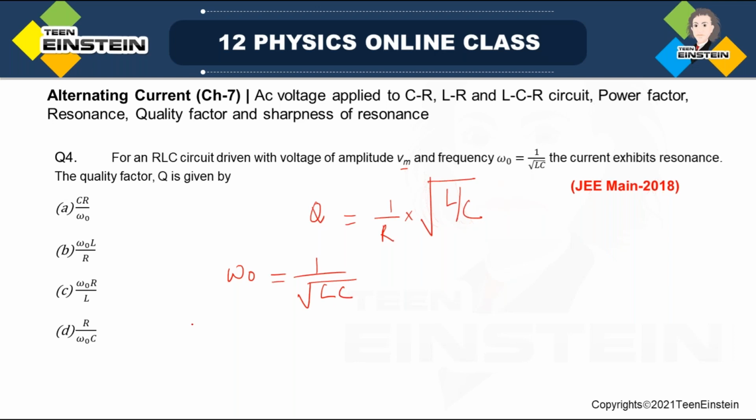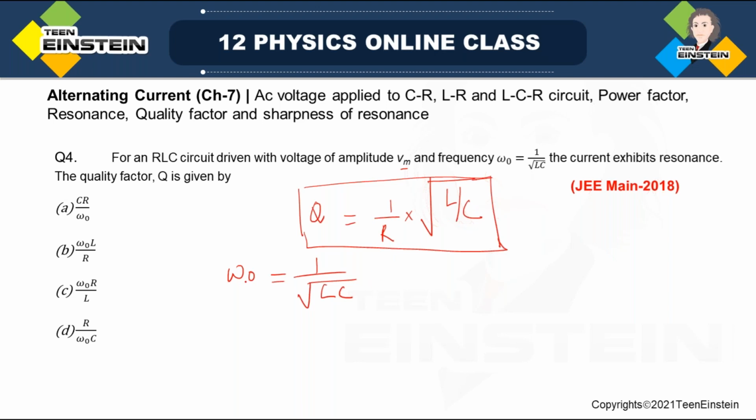This is given already. So this is the definition, this you must be knowing, because deriving the expression for this is not very trivial or easy. You have to spend a lot of time if you don't remember the formula. In fact, you should remember the whole expression for Q itself.